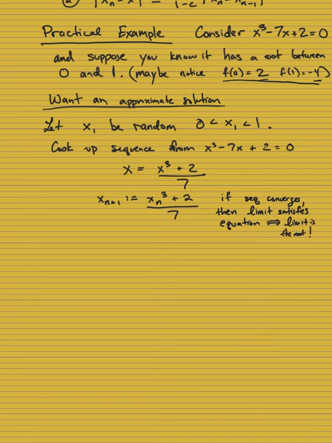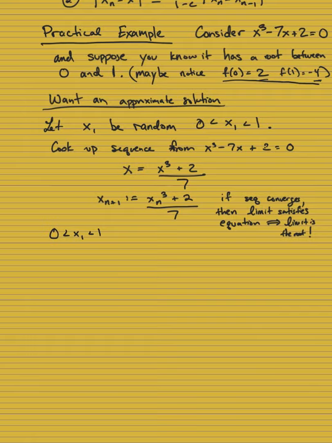So at this point we haven't done anything really. We just said that instead of finding the root of a function, we're going to find the limit of a sequence. But now we claim that this is easier to do, or at least to approximate. Remember, we started with some random number between 0 and 1.